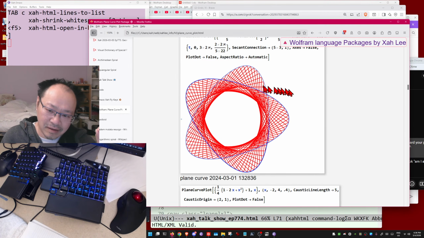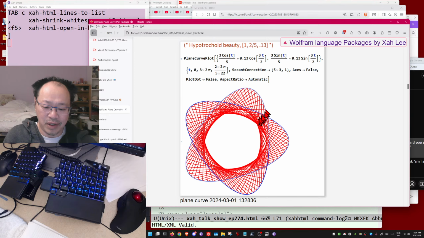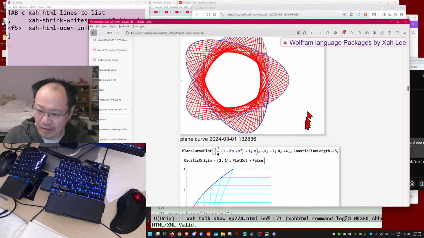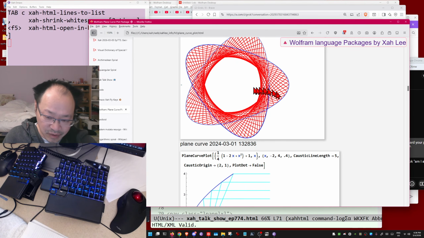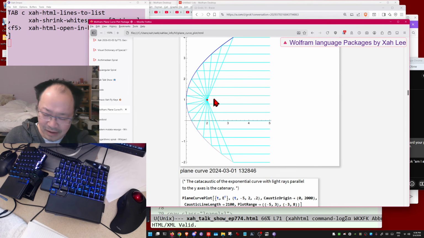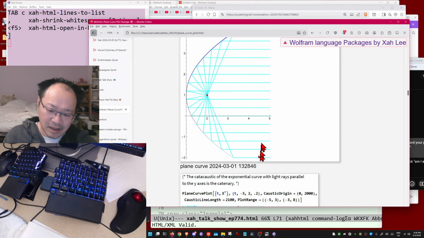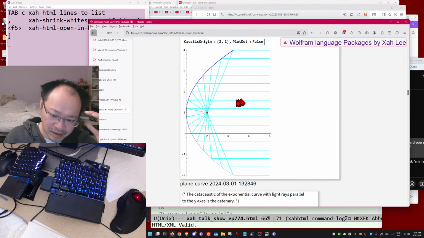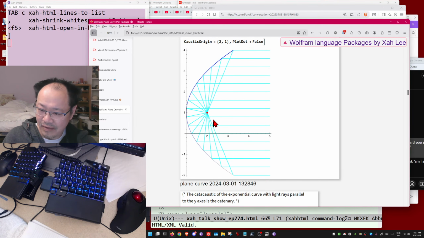It just generates pretty pictures, also known as a spiral graph. Then there are optical properties, like we talked about caustics of the parabola, the most well known. For example, we can see it in a flashlight.